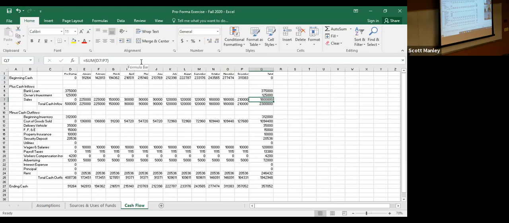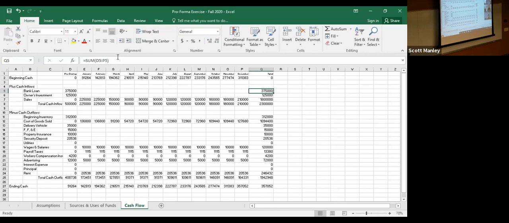The reality is that once you get down here and you're looking at your cash inflows, I want you totaling those all the way across and down, okay? So the formula in your totals column is going to be everything to the left of it, okay?